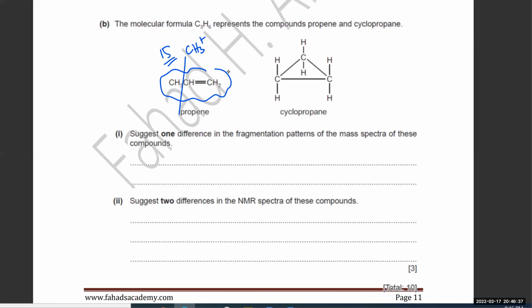The molecule could break at this point, and it can form a CH3+ fragment. This one over here can never form a CH3+ fragment. So no detections or fragments at 15. Is that clear? Like if I break this piece, that's 14.